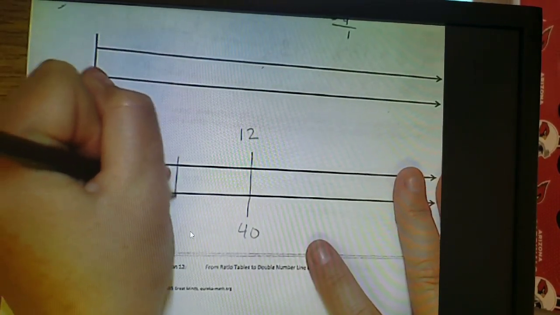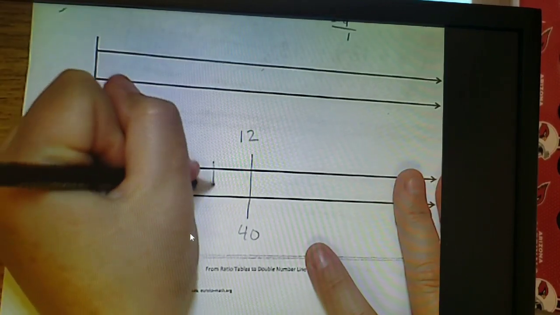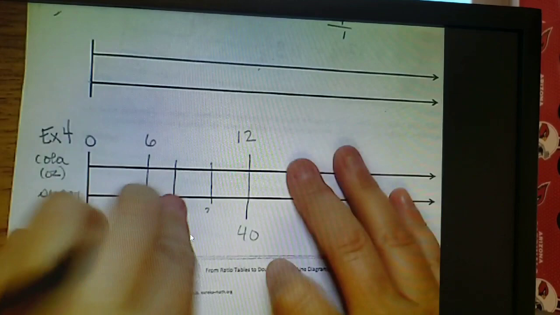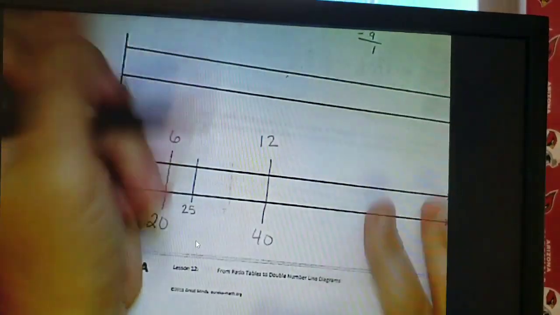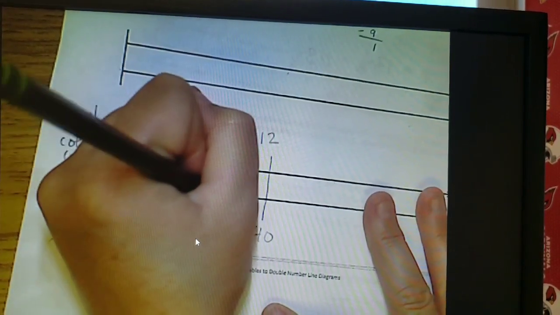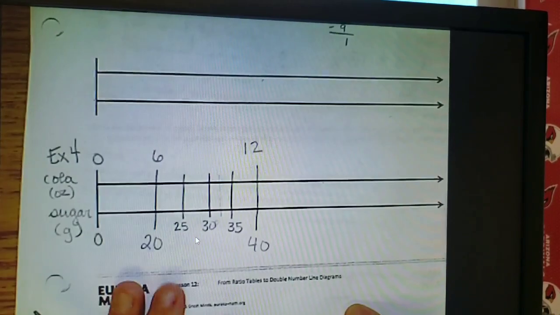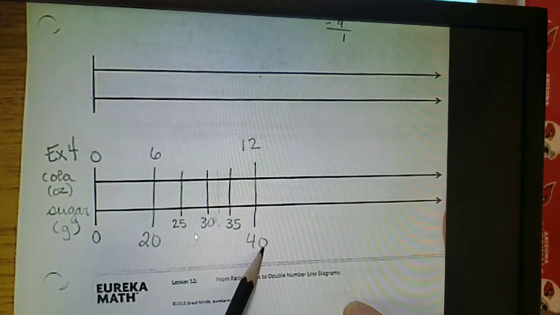So we're going to have 25 grams and 30. I need to move this over more. We're going to have 30 grams, and then we'll have 35 grams. And then we get to 40.